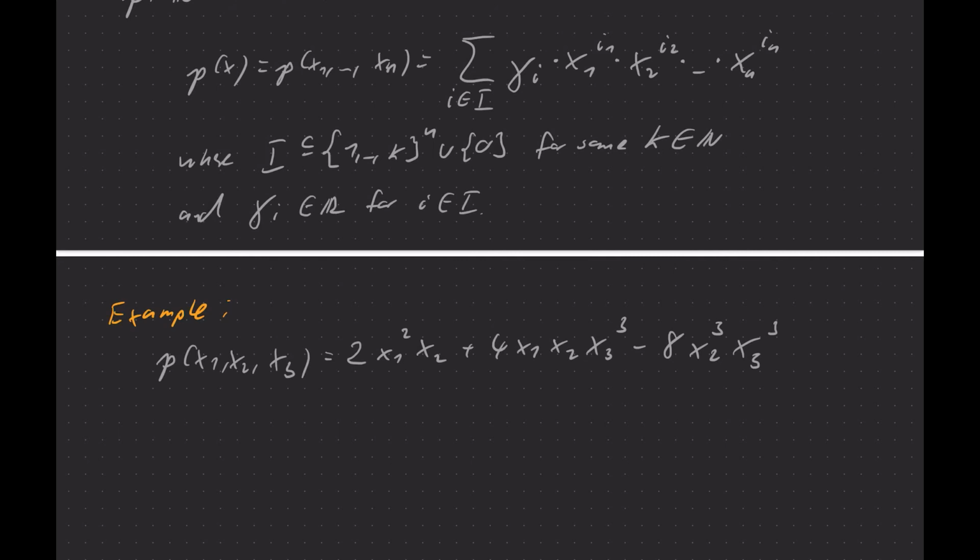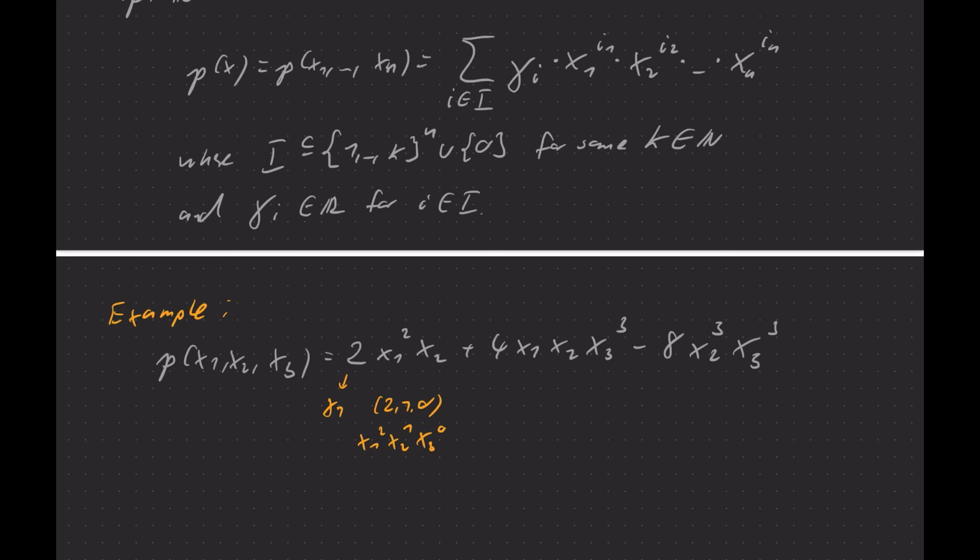So that's what a multivariate polynomial could look like. For example, what we have here, this is our gamma I1. The I in this case is 2, 1, 0. x1 is taken to the power of 2, x2 is taken to a power of 1, and x3 is taken to a power of 0. So this corresponds to x1 to the 2, x2 to the 1, x3 to the 0.